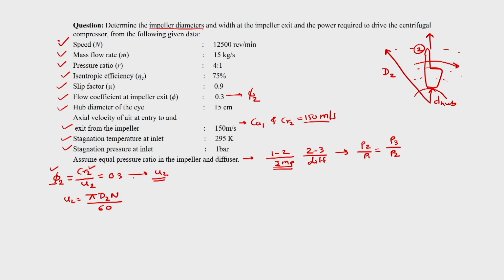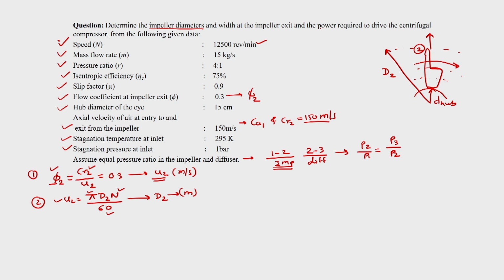N is given to us, which is 12,500 RPM. So knowing N, knowing 60 and U2, this is step 1. In step 2 we can find D2 in meters from U2 in meter per second. So we get D2 out of this exercise.